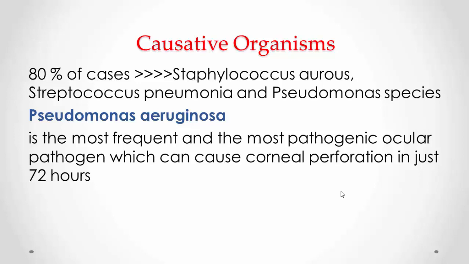Regarding causative organisms in bacterial keratitis, 80% of cases are caused by Staph aureus, Streptococcus pneumoniae, and Pseudomonas species. Pseudomonas aeruginosa is the most frequent and the most pathogenic ocular pathogen, which can cause corneal perforation in just 72 hours.